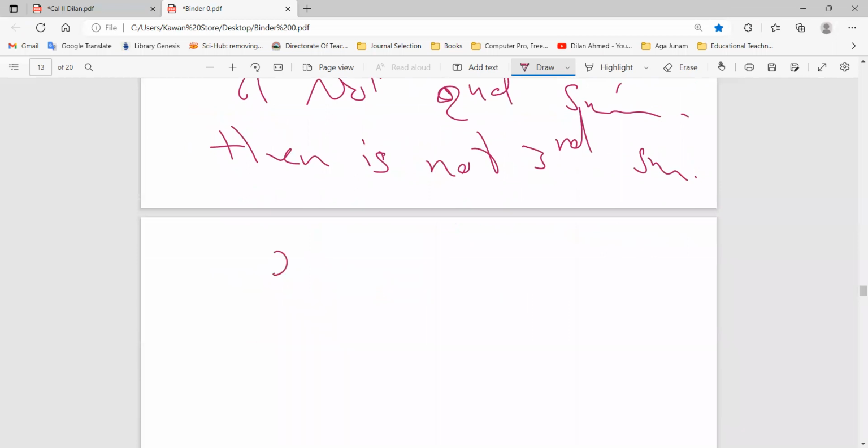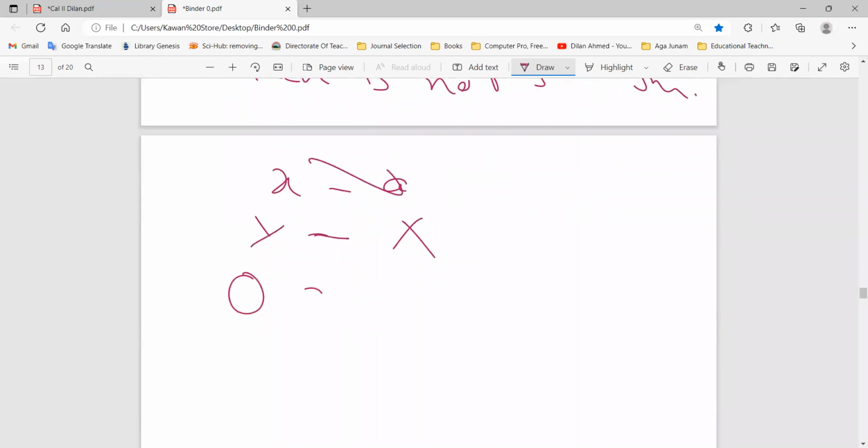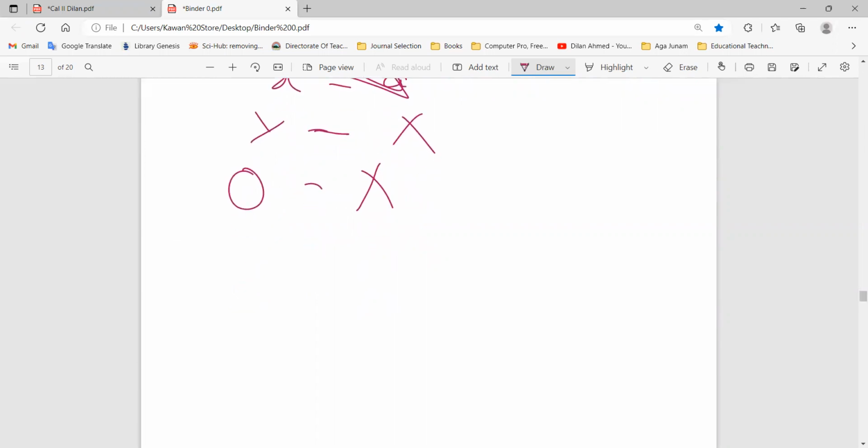For example, if it's symmetry about the x-axis but not about the y-axis, you don't need to check the origin. Why? Because if it had x and y, of course it should be the origin too, or else it conflicts with the first one. Do you understand what I say?